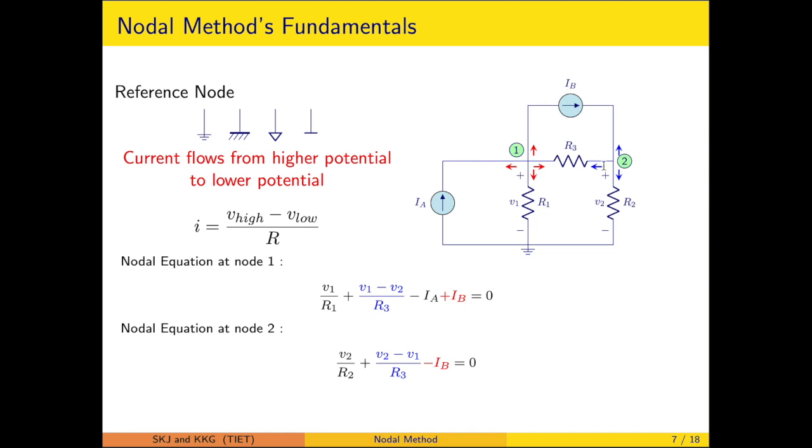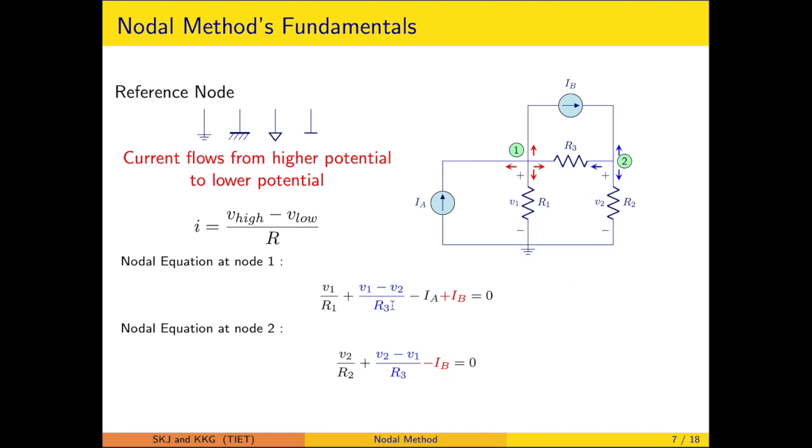So the reference direction of the outward current will be as with the blue arrows. Correspondingly the equation will be V2 upon R2, plus V2 minus V1 upon R3. This is of interest because it corresponds to the common element. Similarly this is also the IB source, of a different color.